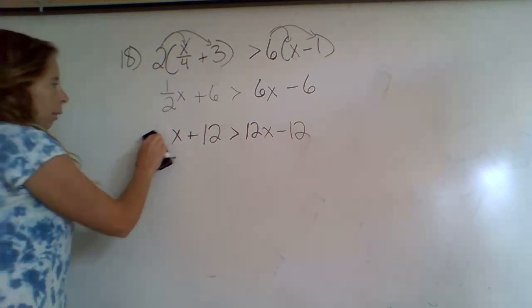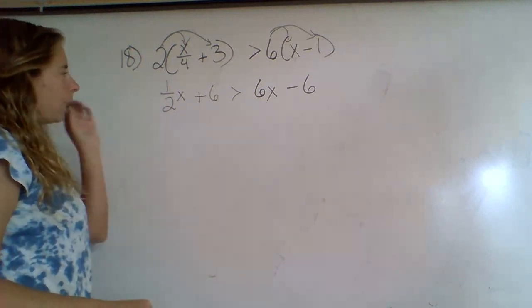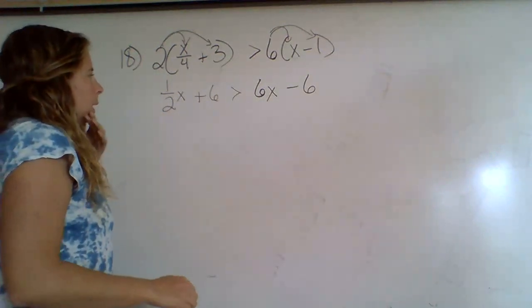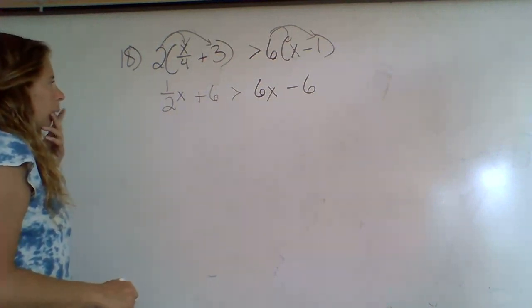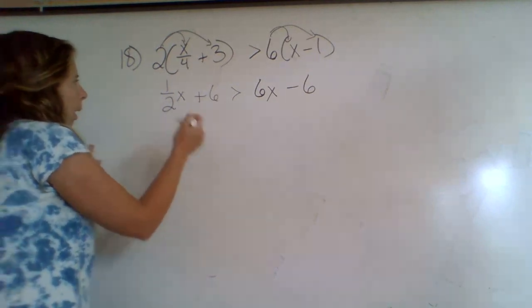Okay, if you don't get rid of the fraction, then you can just keep going. So I want to get my x's on one side, and my normal numbers on the other side. I want x to be over here. It doesn't matter. You can pick.